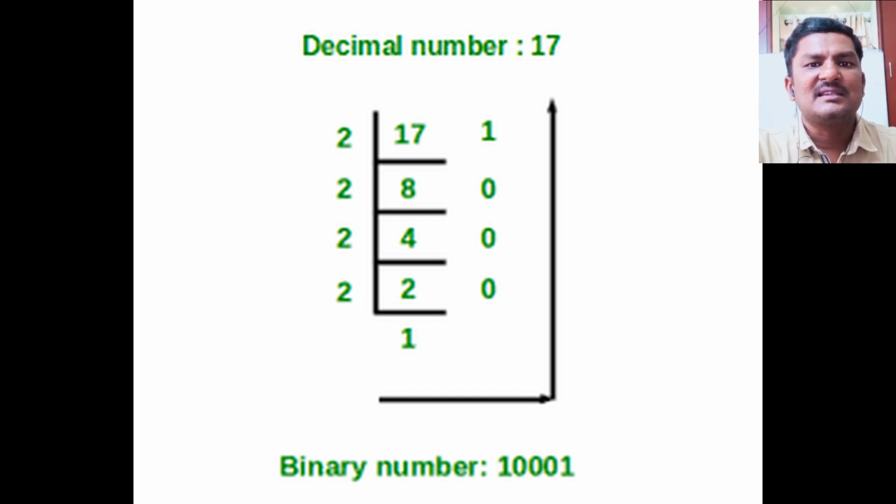The corresponding binary number we have to write from bottom to top. That is the procedure. So 17 base 10 equals 10001 base 2.